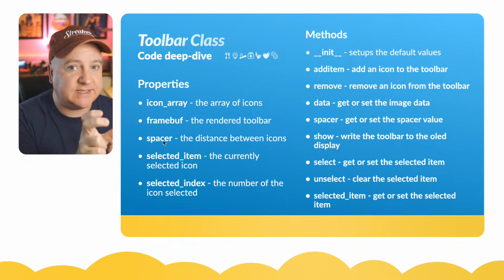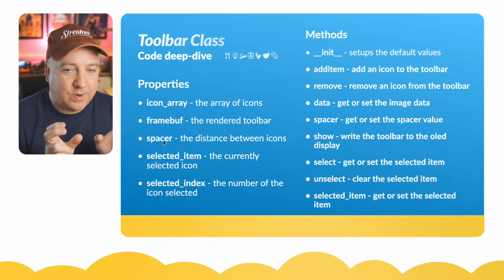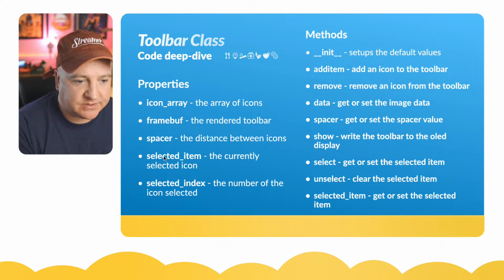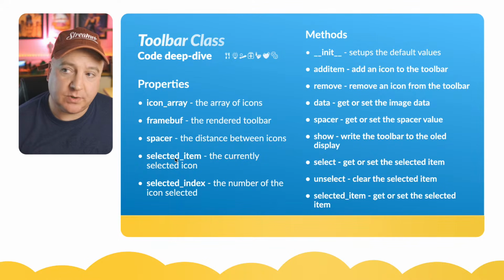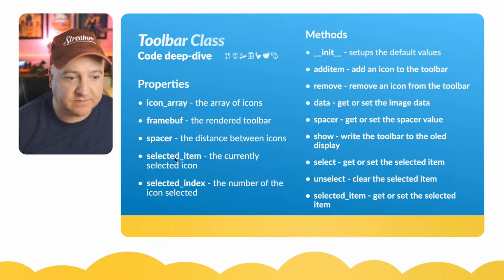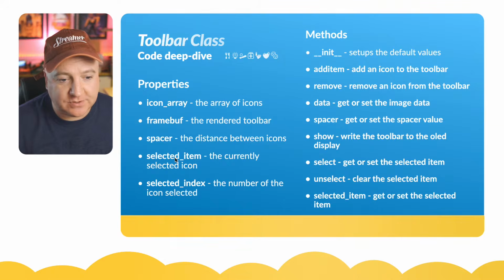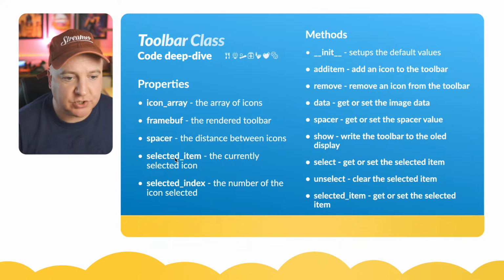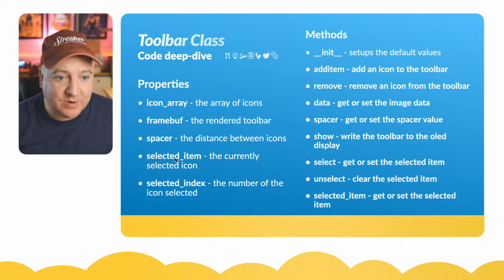So when we're actually writing out the icons to the toolbar frame buffer, we can specify how far apart they are. So that's what that does. The selected item returns back a pointer to the icon, so we can get at the image data and all that kind of stuff. Whereas the selected index is just a number, from 0 onwards, which one of these have you currently got selected. So it's just like an internal counter for that.